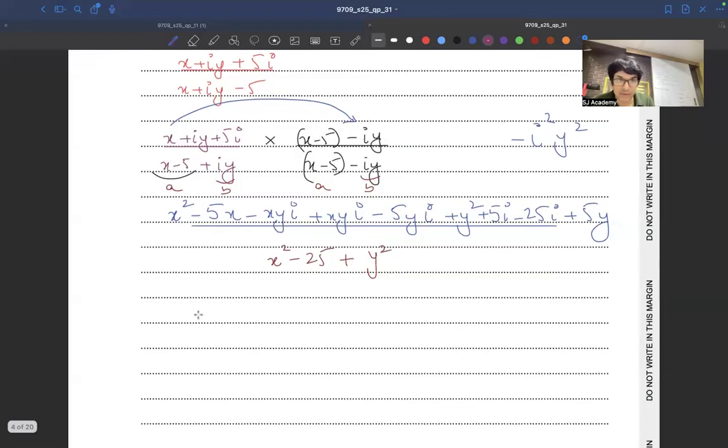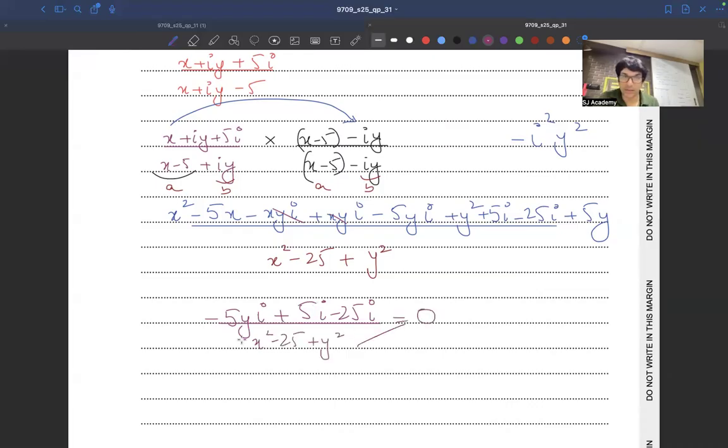The imaginary terms: −5ix cancels out. We'll have −5iy plus 5i minus 25i, and we'll be dividing both the real value and the imaginary value by the denominator.